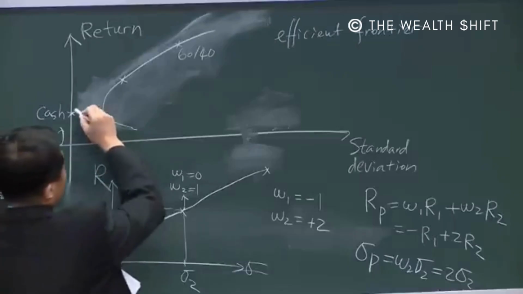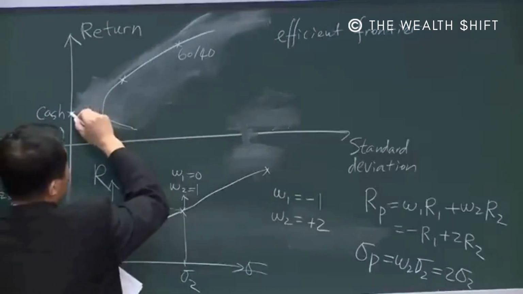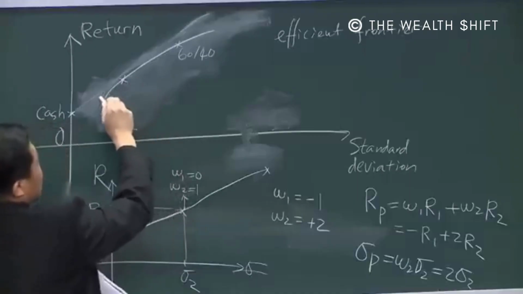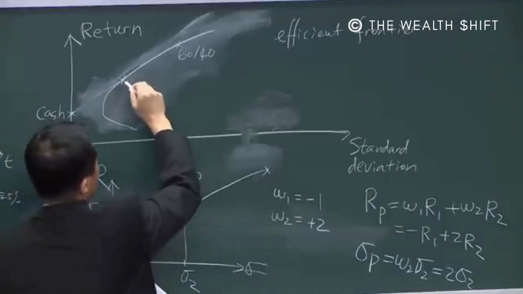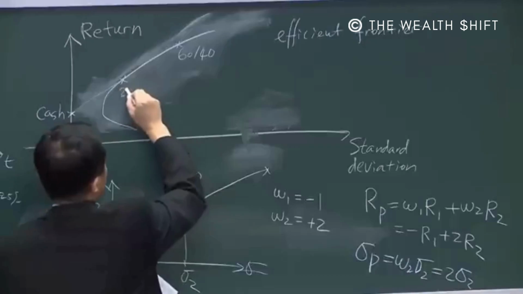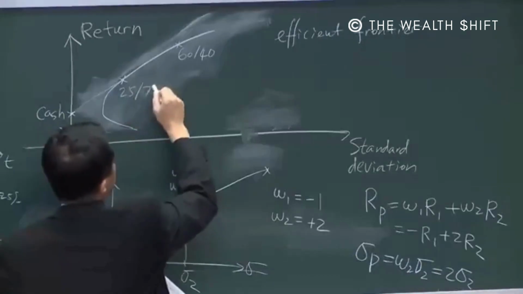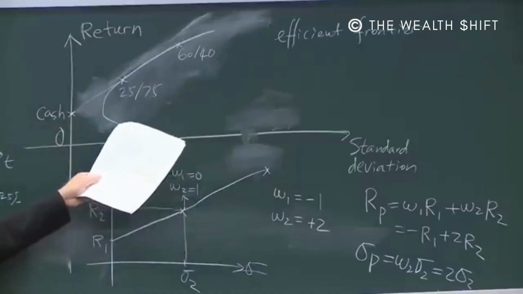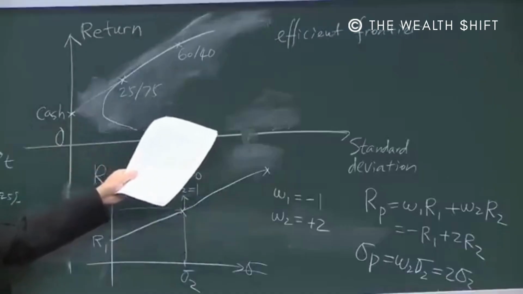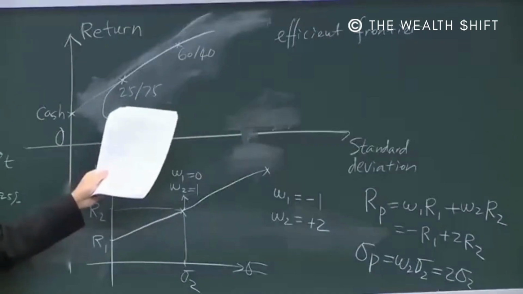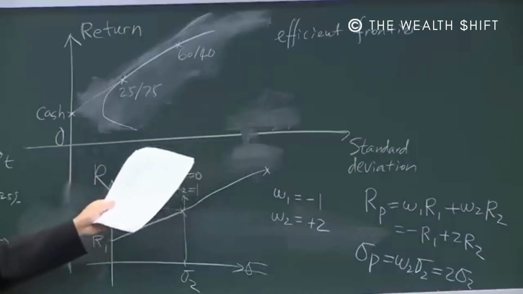So what risk parity says is, we can target equal risk weighting, which will give you somewhere around, let's call it, 25% equity and 75% fixed income. In other words, 25% stocks, 75% bonds.